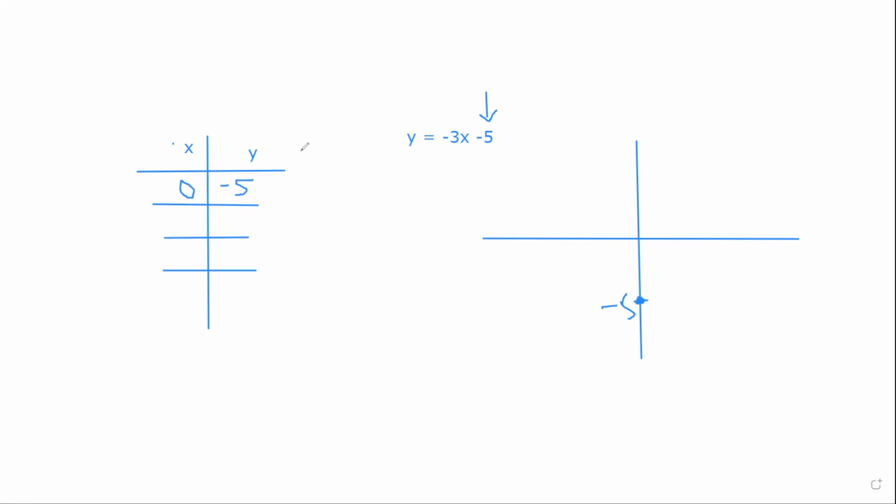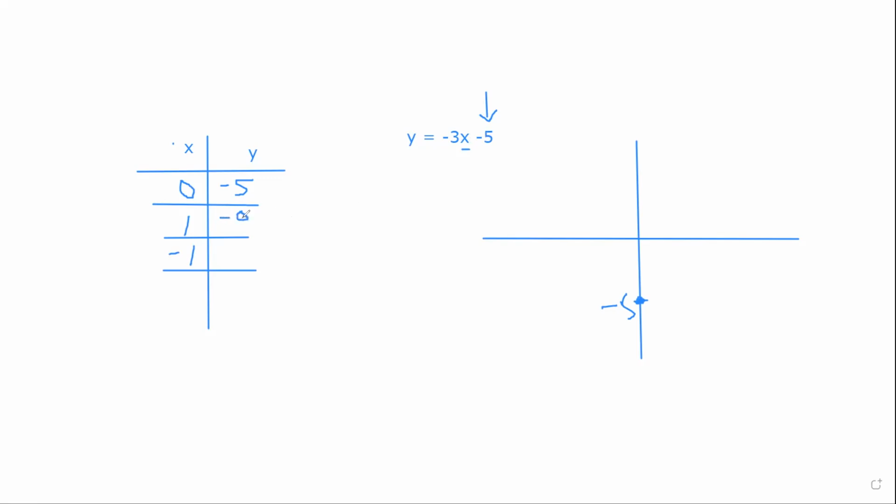If I'm doing a t-chart though, and I'm just trying to come up with some ordered pairs, I will almost always use 0, 1, and -1. Because each one of those is going to generate a separate value for y. And simply by substitution, I'm going to come up with some ordered pairs that are going to hopefully line up in a straight line, since this is a linear equation. If I plug the 1 in here for x, -3 times 1 is -3 minus 5.